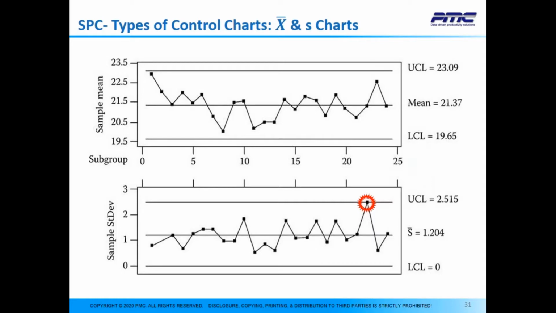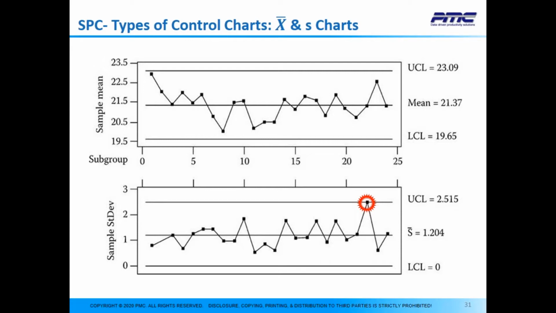Here's another example. Remember, when you have continuous data and a sample size greater than 2, you have 2 options. Between 2 and 10, it's the X bar and R chart, and greater than 10, we use the X bar and S chart. R means the range, the difference between the max and the minimum data point, and S is the standard deviation.